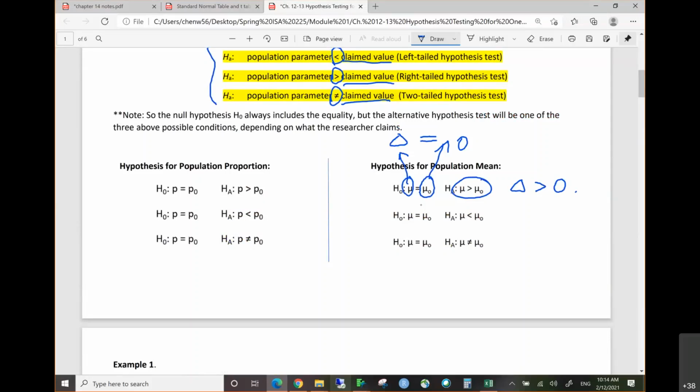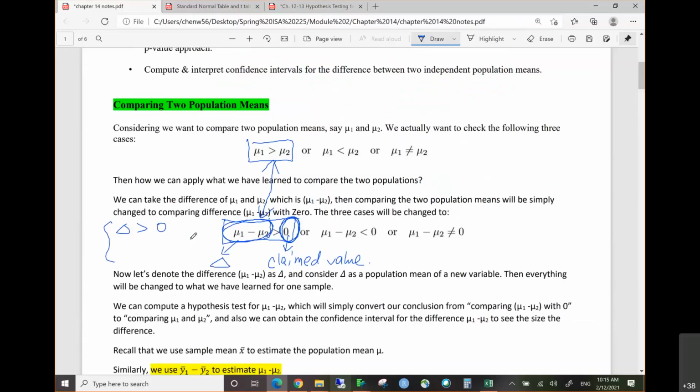So that means it will be the same format as what we learned before. Similarly, if we want to test whether mu1 is less than mu2, we can change to this format, and then again, mu1 minus mu2 is called delta, so we can test about delta less than 0.